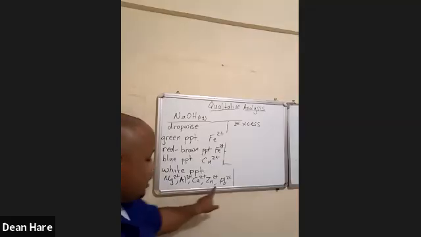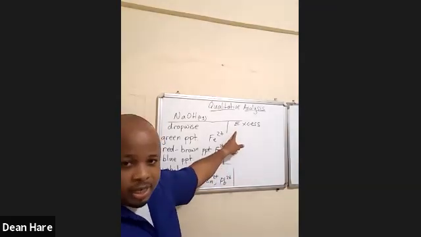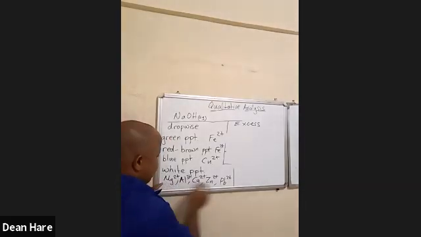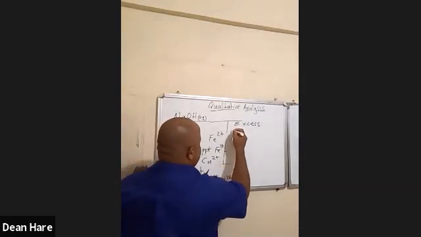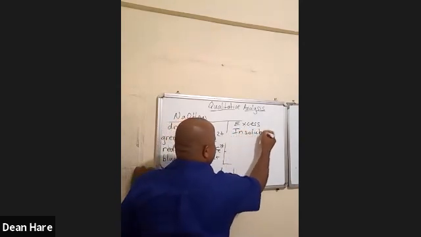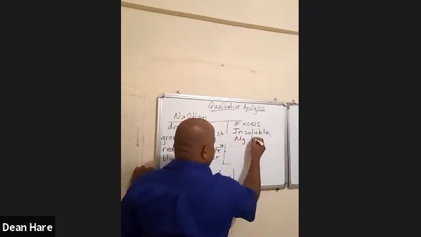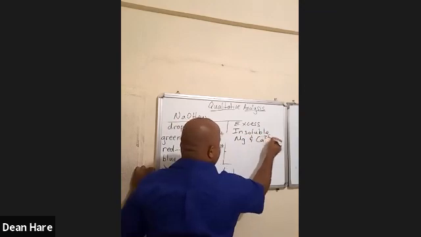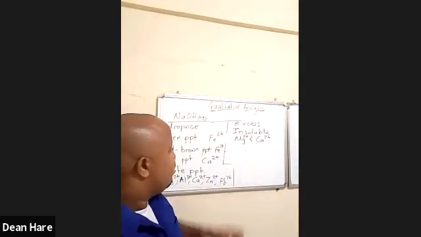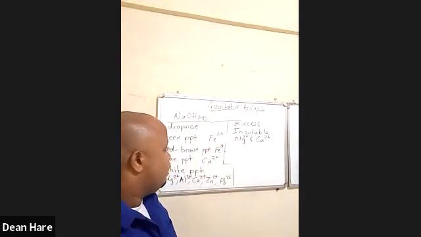Now, some of these will dissolve in excess sodium hydroxide, and some will not. Magnesium and calcium, these two ions will not dissolve when you add sodium hydroxide in excess.